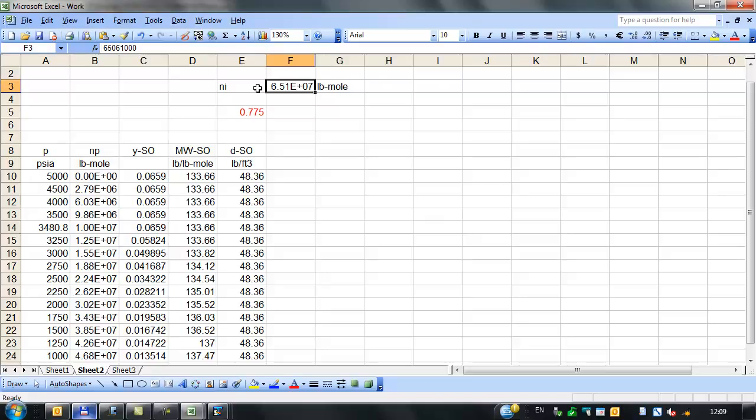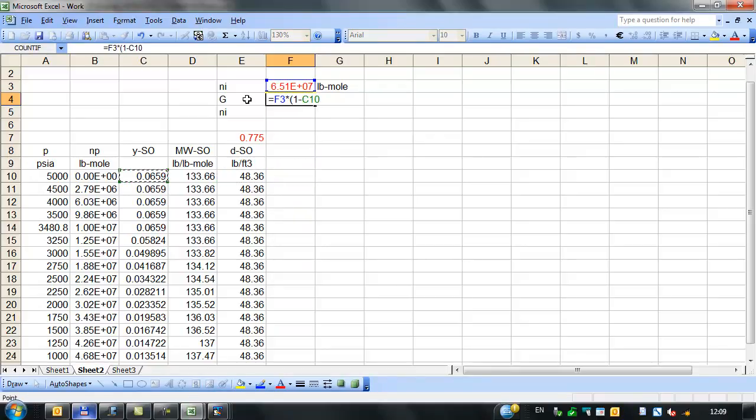Okay, and we've got then we need the gas in place and the oil in place. Okay, so that's equal to the moles times, what, 1 minus this first fraction?